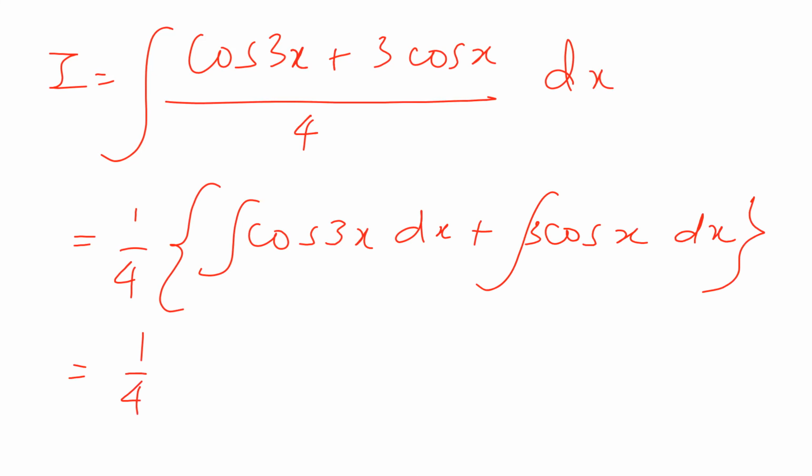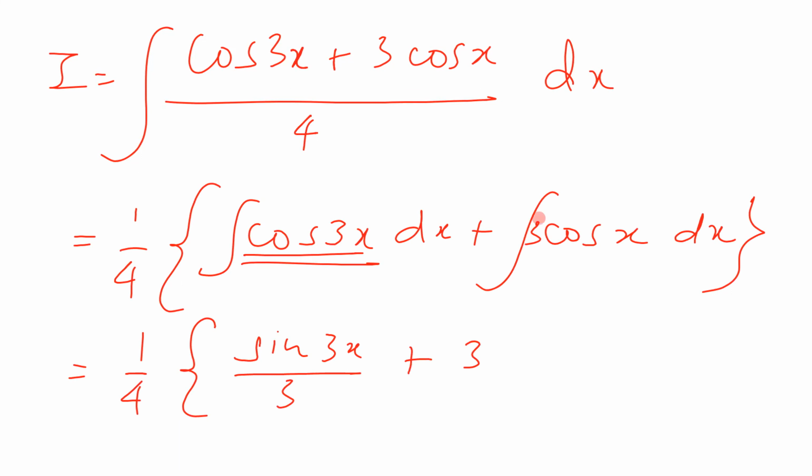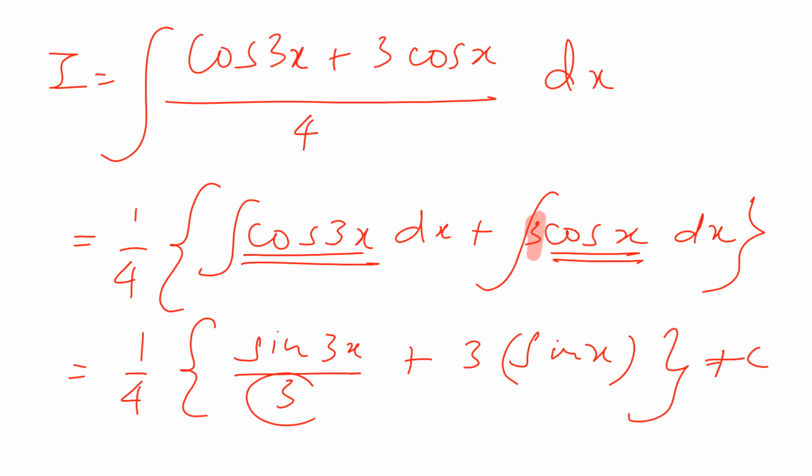So 1 by 4 times cos 3x, chain rule, sin 3x upon 3, plus 3 outside, cos x integration is just sin x. Okay, and this 3 is due to the chain rule, d by dx of 3x, which comes down.